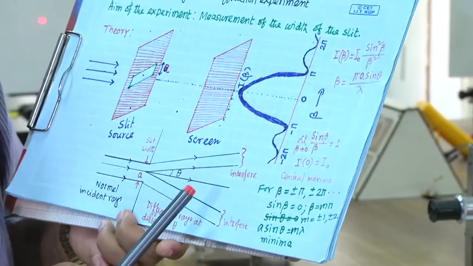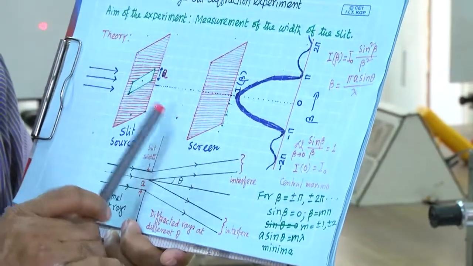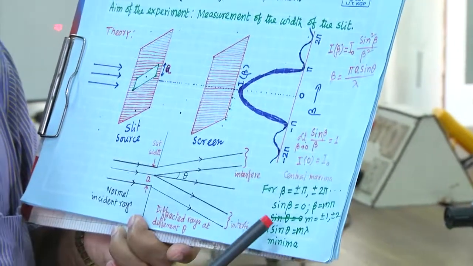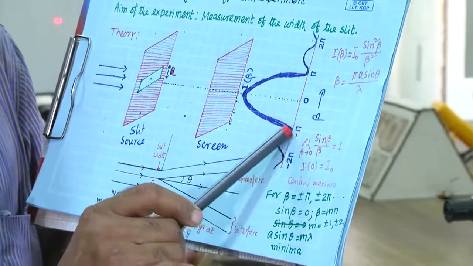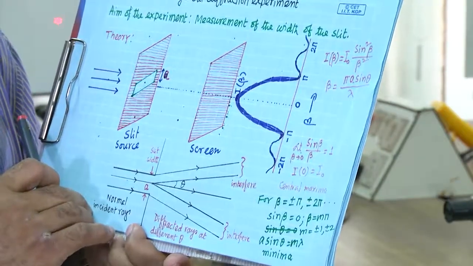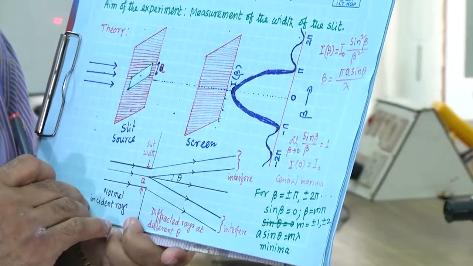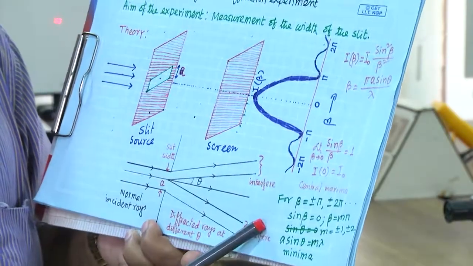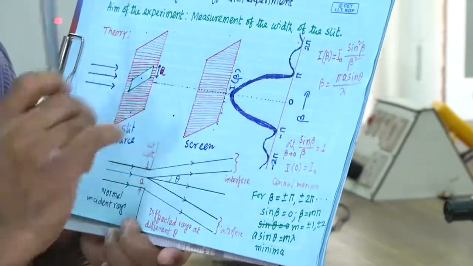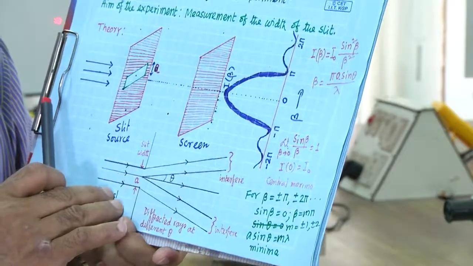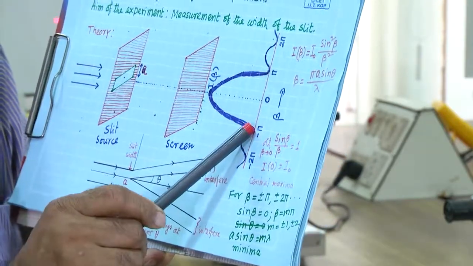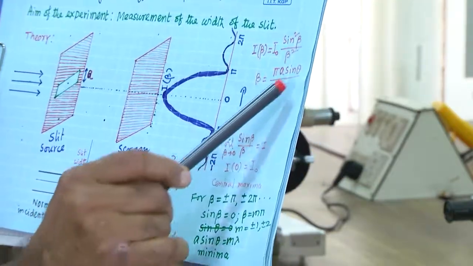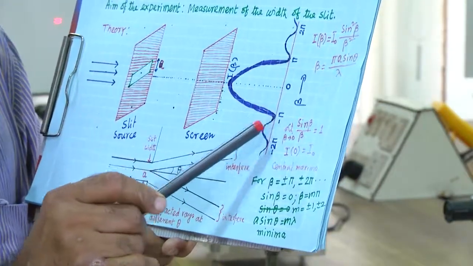So, for this experiment our working formula is a sin theta equal to m lambda, for diffraction minima. To measure the width of the slit, we find this theta value for different minima.